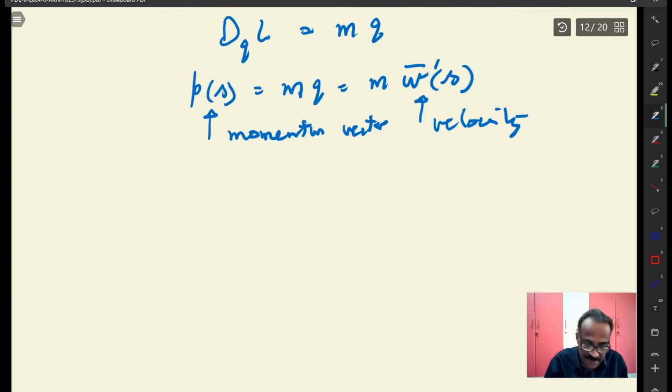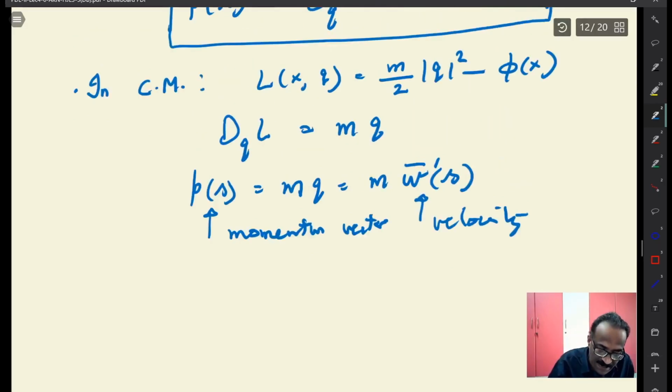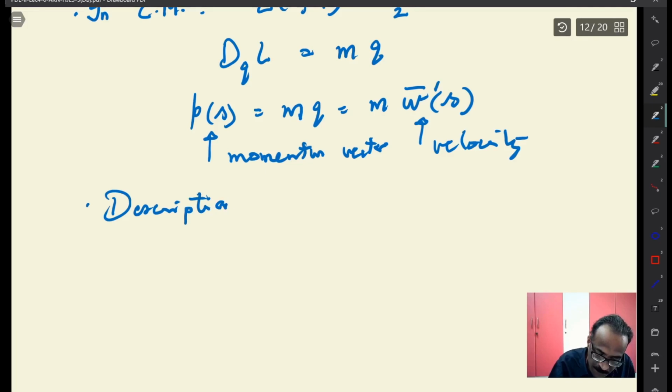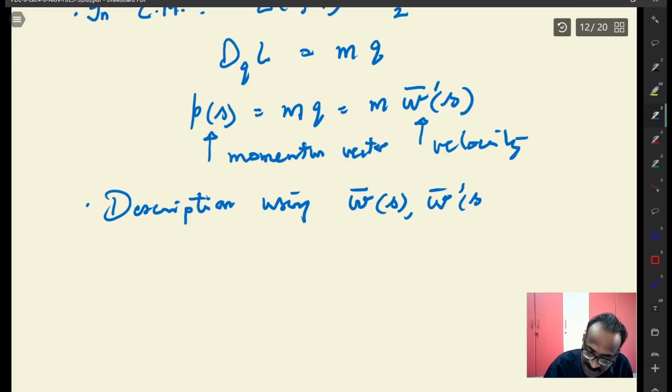One of the issues is that, if you understand classical mechanics well, the description in classical mechanics using position and velocity, that is W prime, which is nothing but your q, is the Lagrangian formulation, Lagrangian formalism.